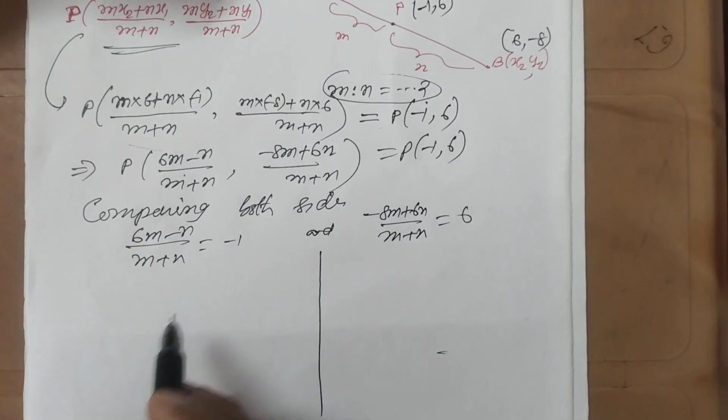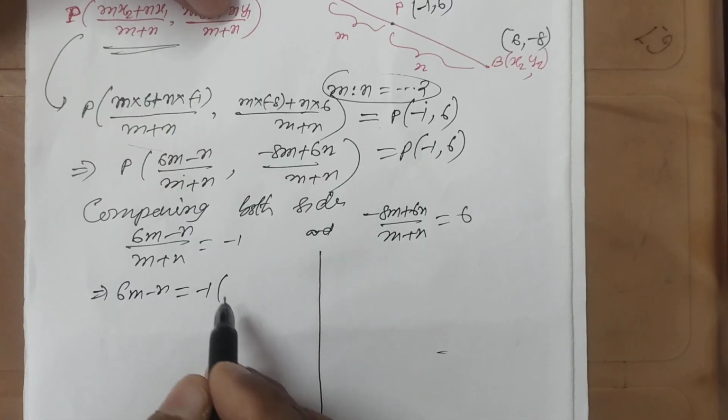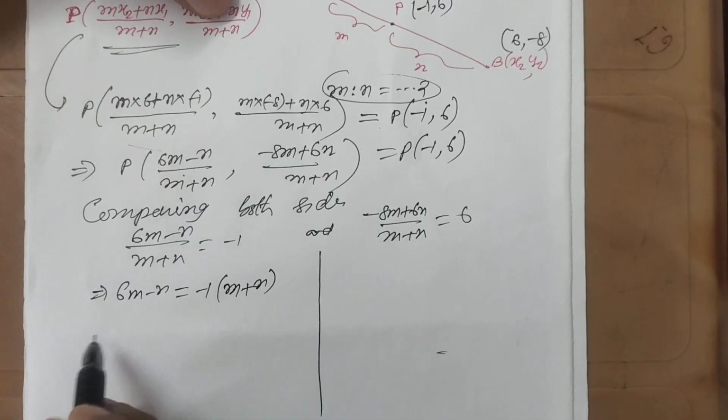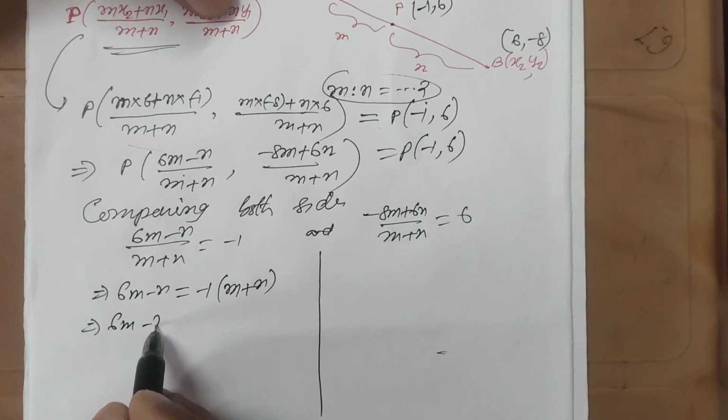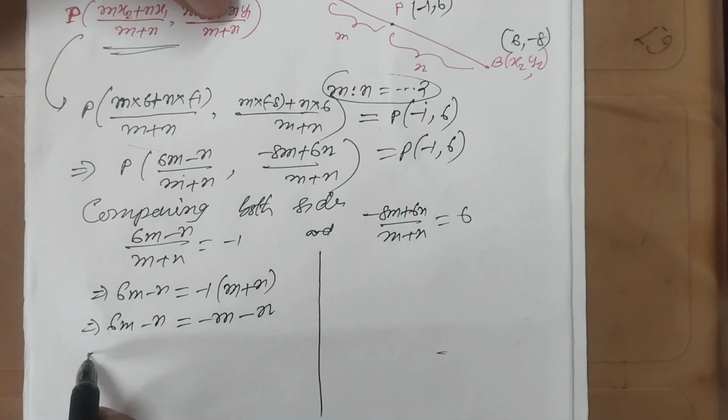Calculating the first, 6m minus n is equal to -1 into m plus n. 6m minus n is equal to -m minus n. Minus into plus is minus. We'll take m one side, n one side.